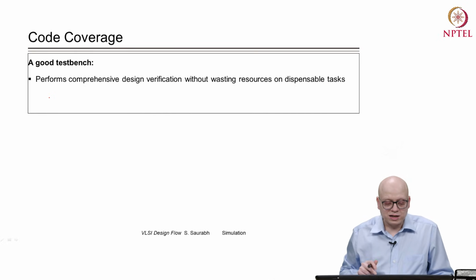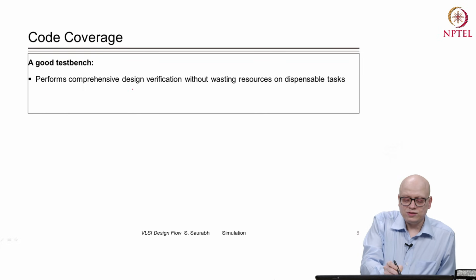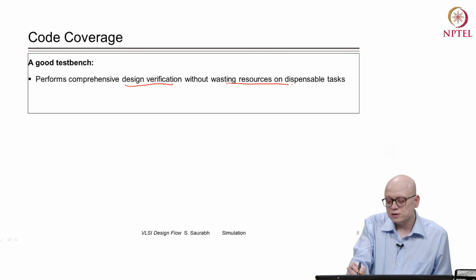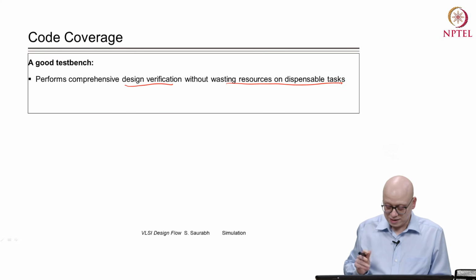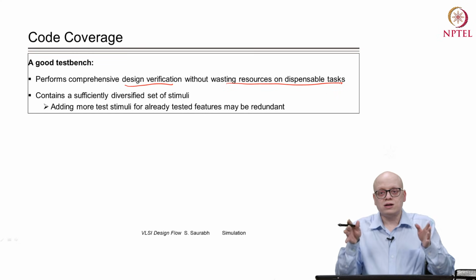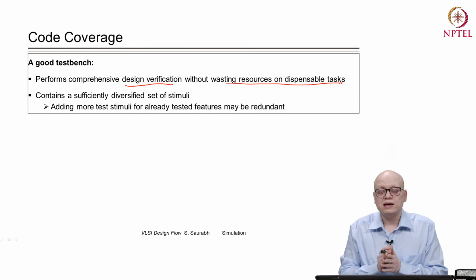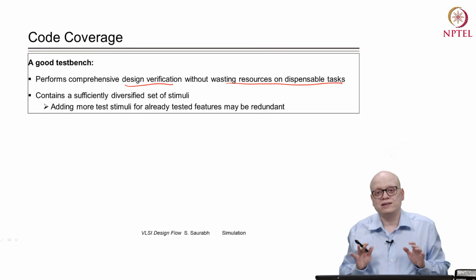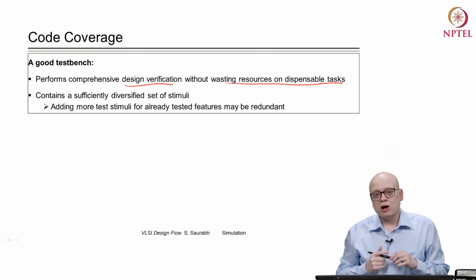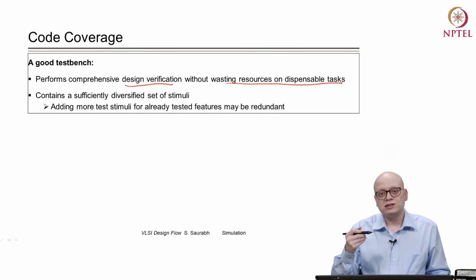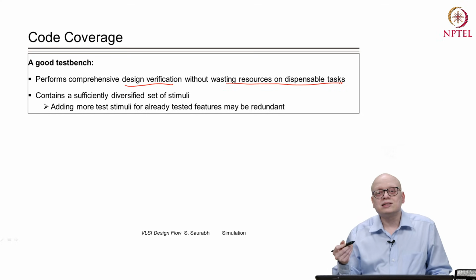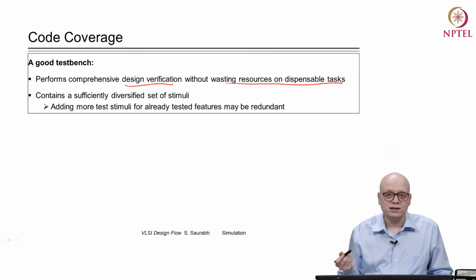So, a good test bench should perform comprehensive design verification without wasting resources on dispensable tasks. What it means is that we want a test bench which covers the scenarios of our design exhaustively or comprehensively, right. If we have tested a feature in our design, and we apply another stimulus which is testing the same thing, then the second stimulus is redundant.